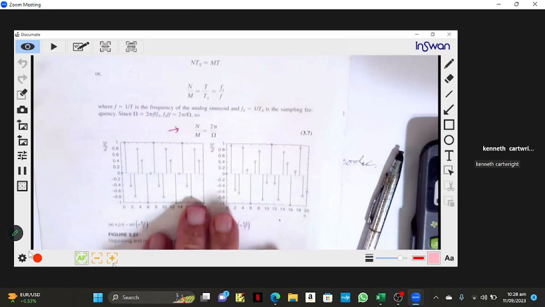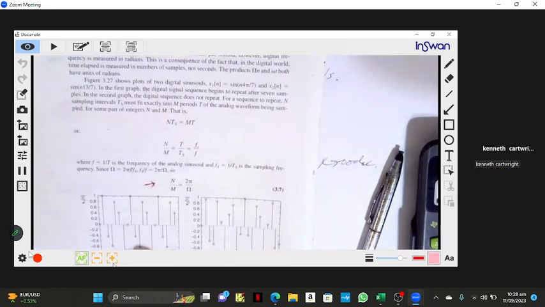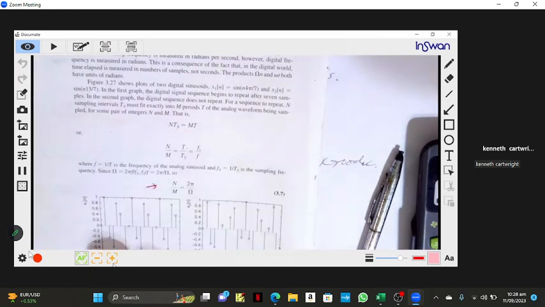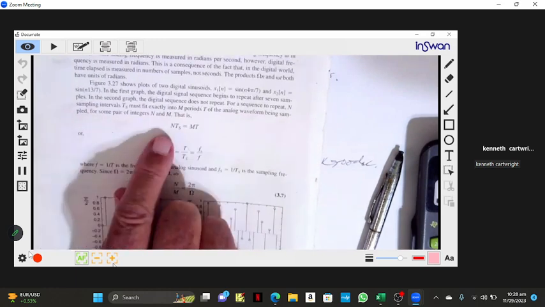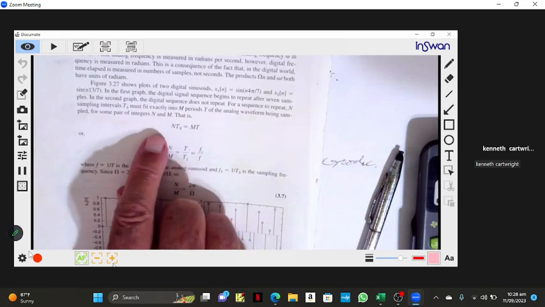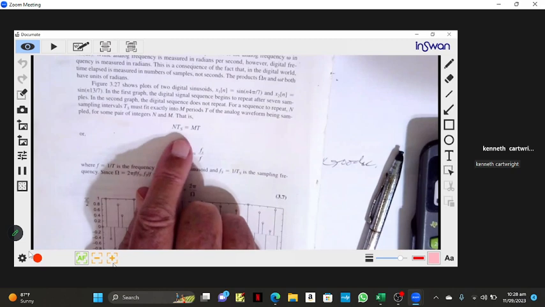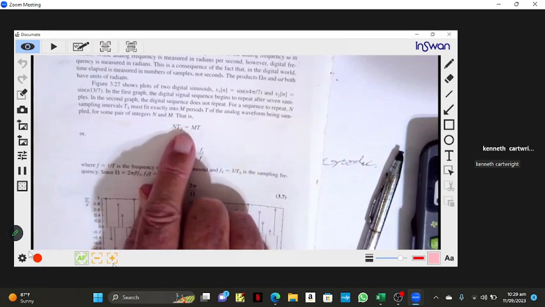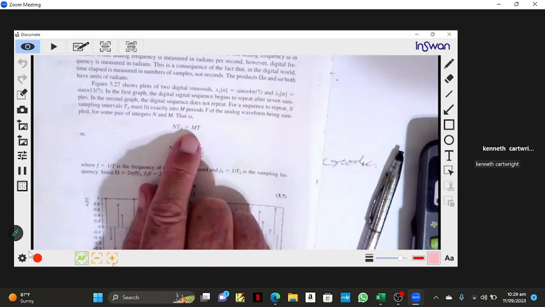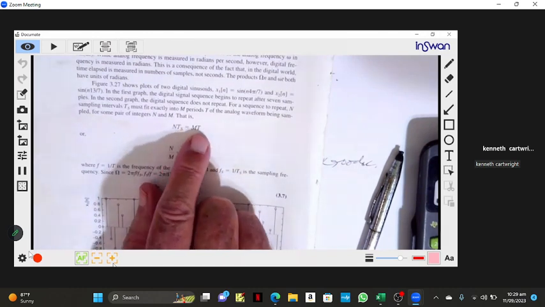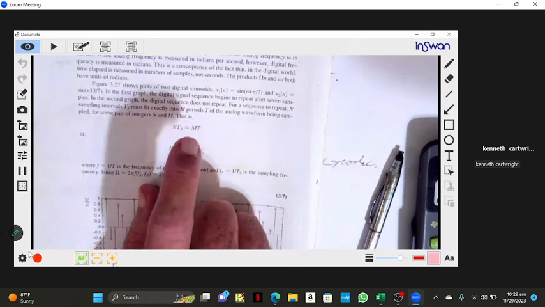For a digital signal to be periodic, we must have this true: the digital period times the sampling period must be equal to M times T, where M is the number of analog periods and T is the period of the analog signal.